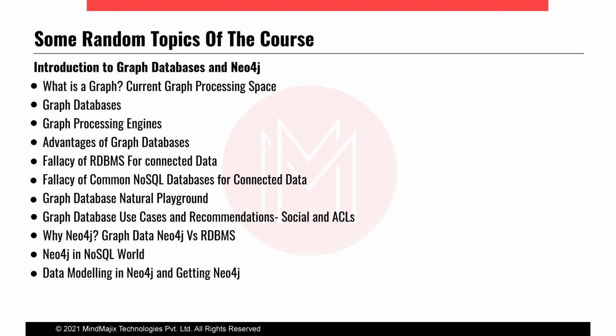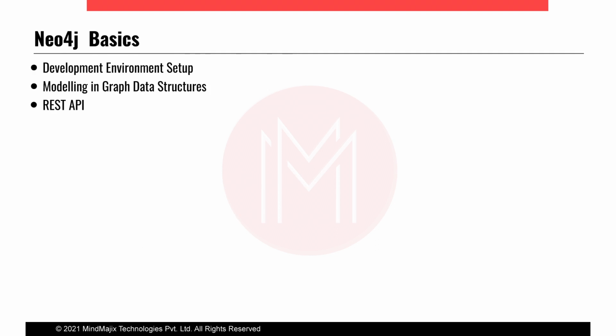Out of all the graph databases, why Neo4j? And what are the differences between Neo4j and RDBMS? Then data modeling with Neo4j and getting started with Neo4j. Coming to the basics, we'll set up the environment for Neo4j, cover modeling with graph databases, and some REST API, what REST API means. REST API is a generic term used throughout, and any web development person will know it.